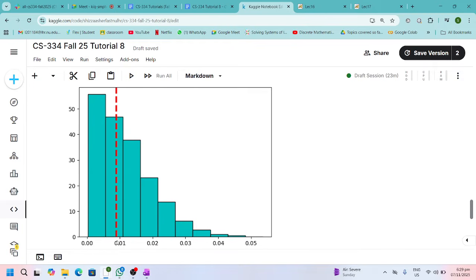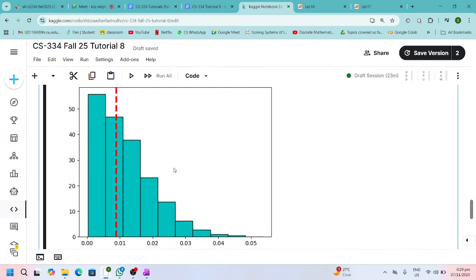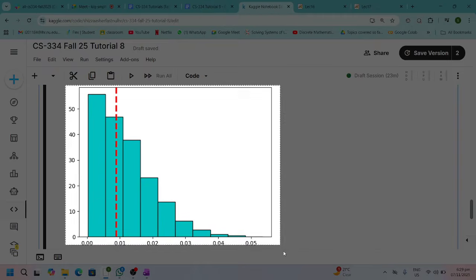I could say कि suppose if the value is greater than 0.02, then you can reject the null hypothesis. अगर इससे पीछे है value, तो in that case you will fail to reject the null hypothesis. But of course, I have to define this threshold. So the threshold that you define on your graph is called the critical value.